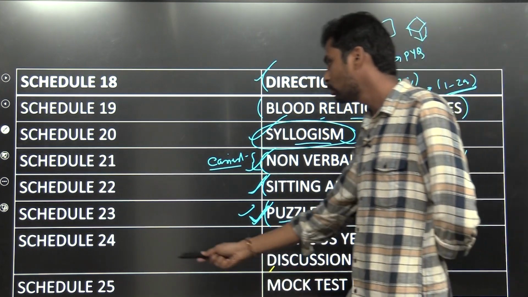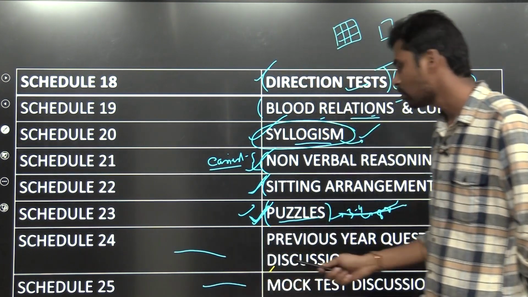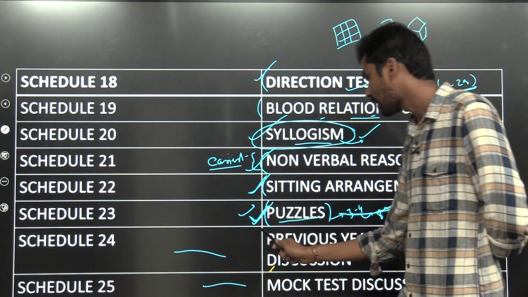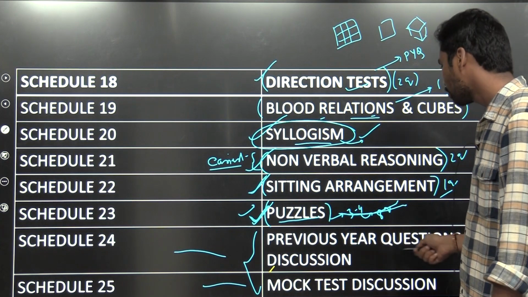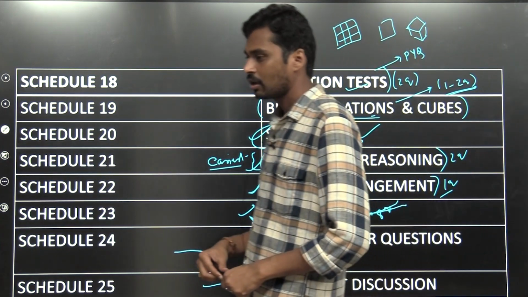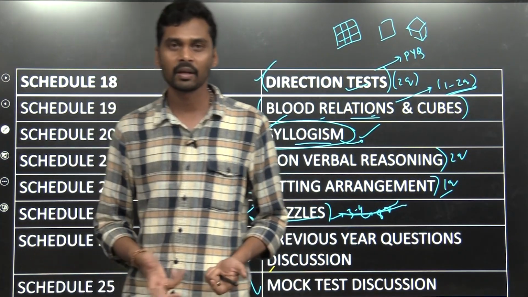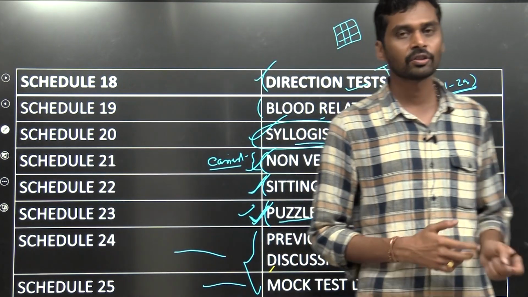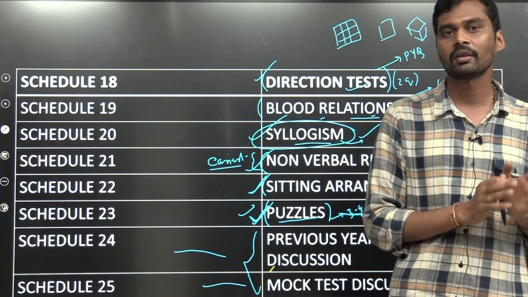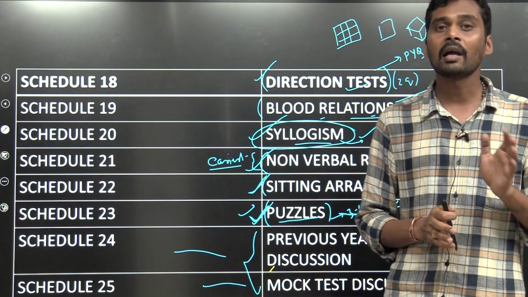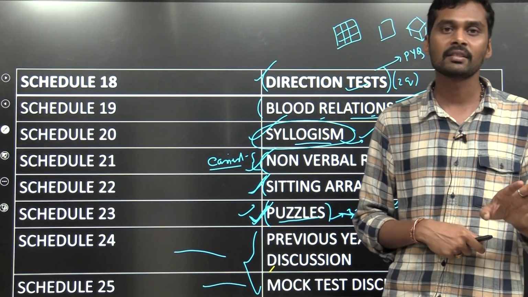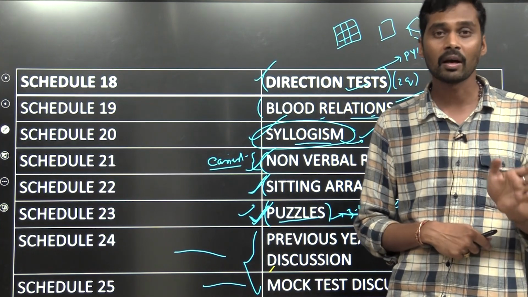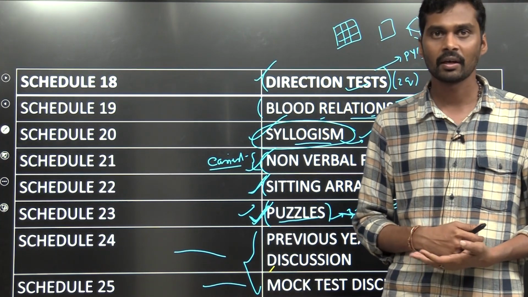And the next, schedules 24 and 25, these two are the major important ones in our complete CSAT pack. This is the previous year questions discussion, because when you are writing any competitive exam, you must do the previous year questions, so that you will understand the level of the exam and what kind of questions will be asked in the exam, right?